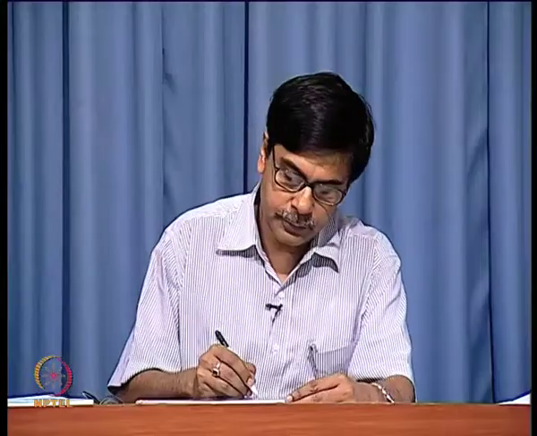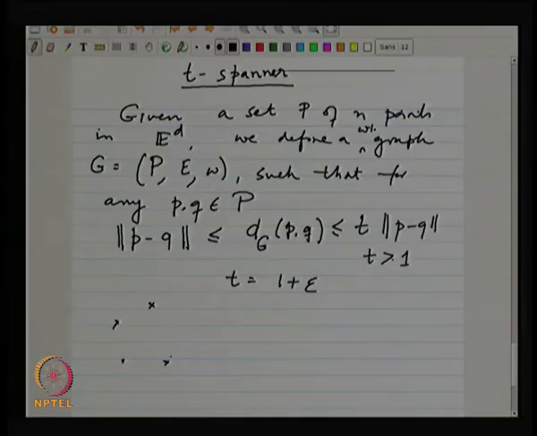Just to give you an example, you could have something like this, where you take out one edge, and then you are gone. The t is often called the stretch. The stretch could be very bad, but we want to have a controlled stretch.